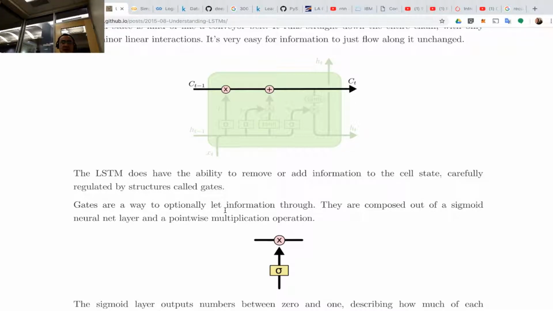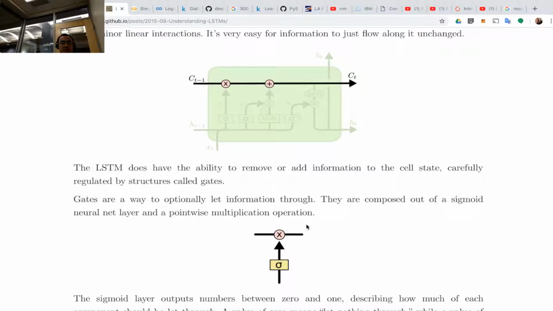They are composed out of a sigmoid neural net layer, this one, and a pointwise multiplication operation. So these are gates. Carefully regulated by structures called gates, to remove or add information.